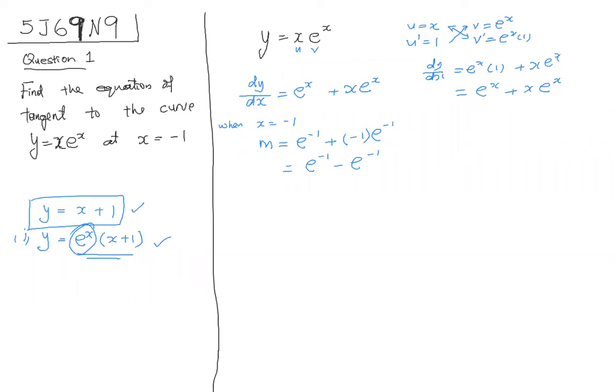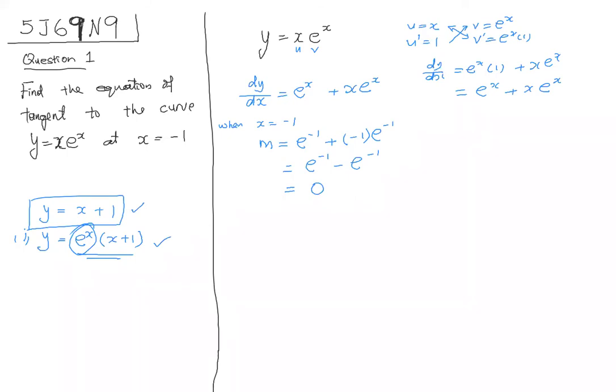Am I right? Yep. So what is the gradient? e to the power -1 minus e to the power -1, what do you get? 0.